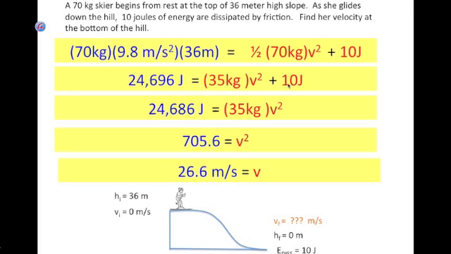So the 10 joules on this side is gone, and now I have 24,686 joules on the left side. From this step to this step, I divided both sides of the equation by 35 kilograms. So when I divided 24,686 by 35, I got 705.6.